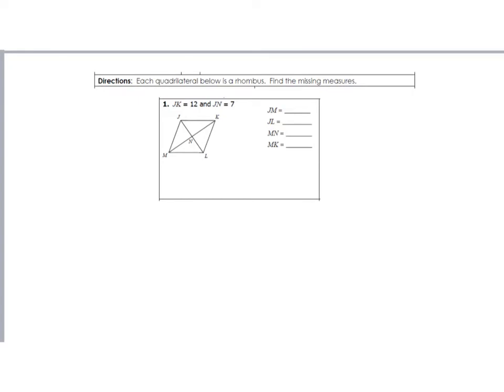So question number 1, each quadrilateral is a rhombus, so they're telling us that. And so what we want to do is go ahead and fill in given information. From J to K is 12. From J to N is 7. So with a rhombus, we know that all the sides are congruent, so I can write in 12, 12, 12.